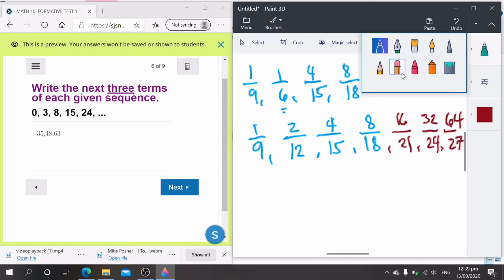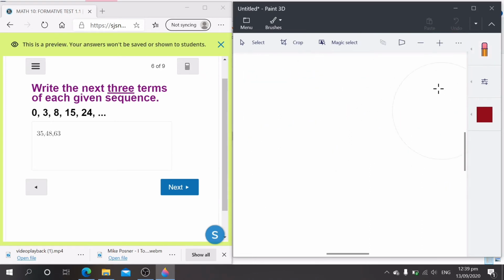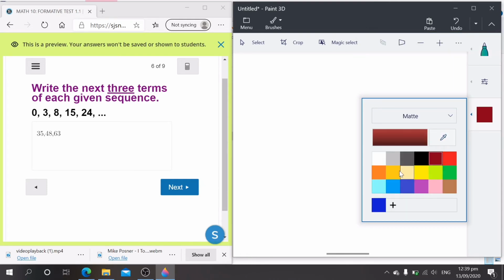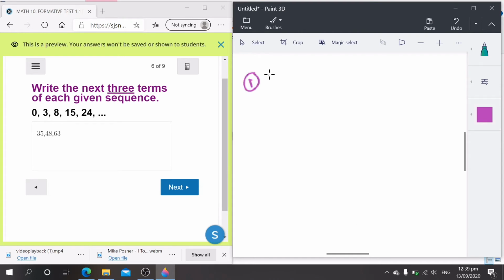Okay, how do we get it? One way is to relate your first pattern to the perfect square numbers. Aren't these the perfect square numbers?